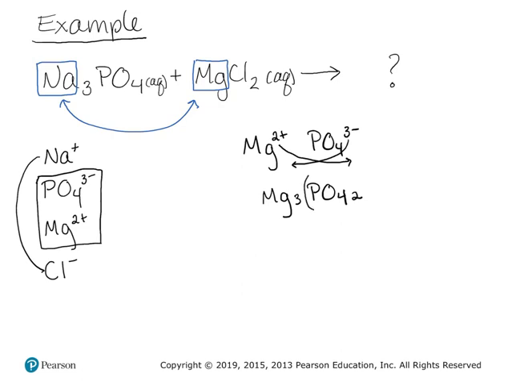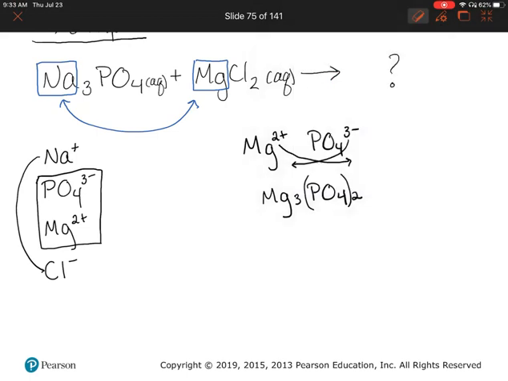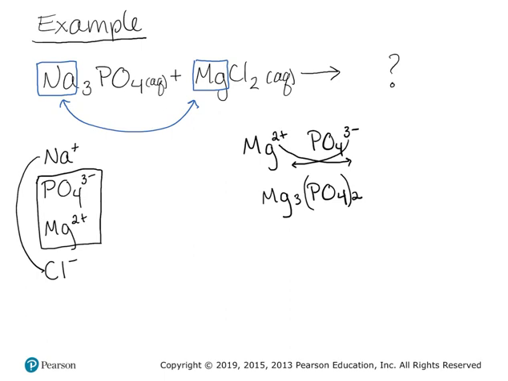So we need to put parentheses around phosphate, or I guess 42 oxygens, which isn't right. Okay, so that's our first product. I can't erase that, I had written it previously. Okay, well that's our first product. So we'll label this product 1.